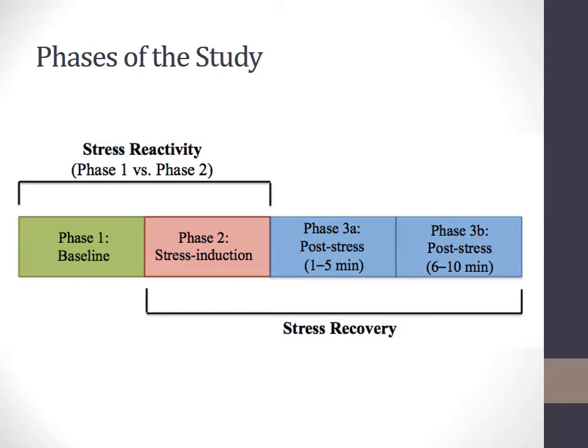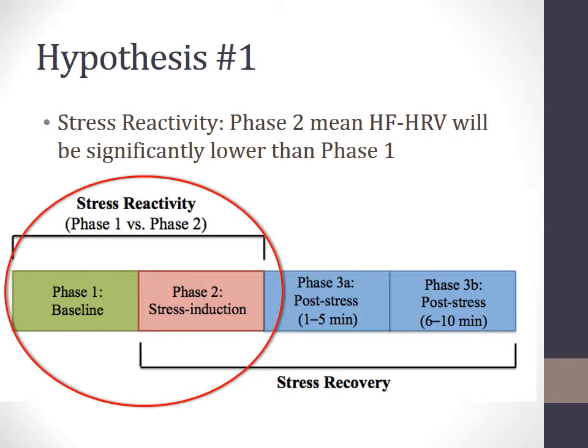So as described, the study was divided into a stress induction and reactivity phase, and then a stress recovery phase. That was divided into 2 5-minute subphases. The main hypothesis being tested was that HRV would be lower during the stress reactivity phase, and that would indicate that the stress induction was effective.